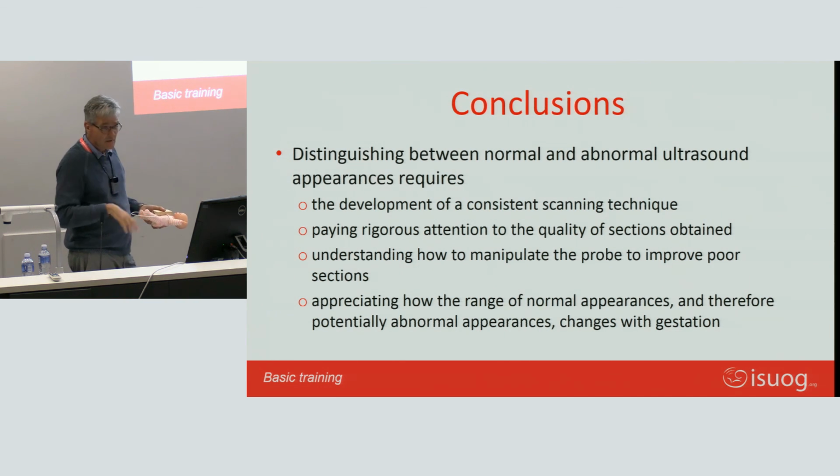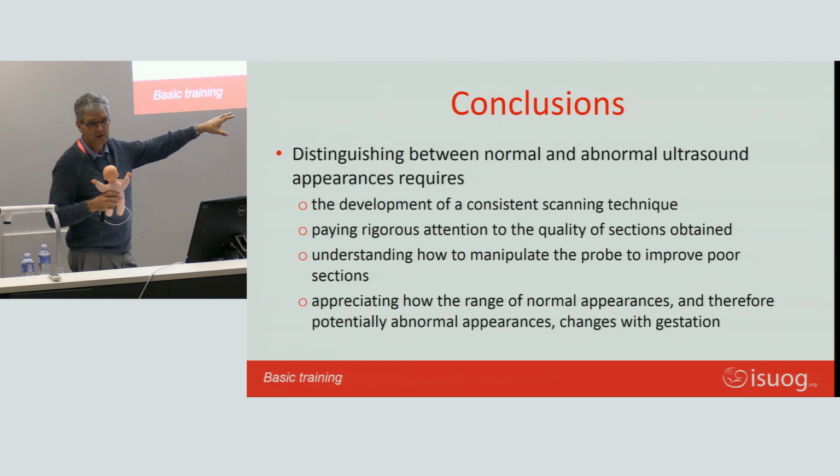And the last one is probably the most difficult, because we tend to scan in bursts: lots of scanning around 12 weeks, lots around 20 weeks, and then little bits and pieces later on. But I always teach the fellows and registrars to have the gestational age on the screen, so that you immediately know, I'm looking at a 26-week fetus.